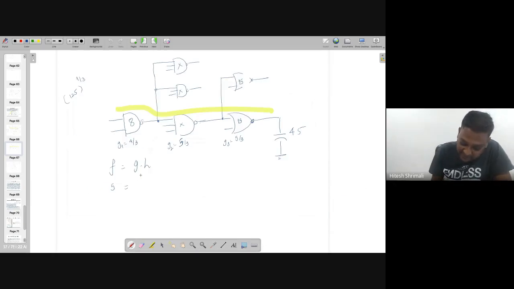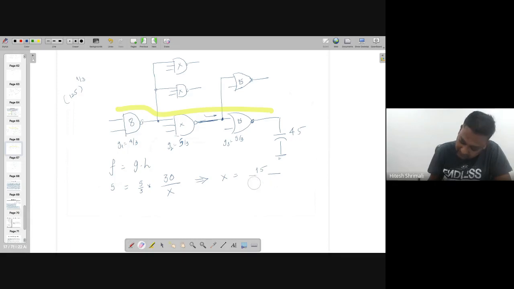So in this case, for x, g2 is equal to 5 by 3, and h is nothing but C out. C out is the total capacitance looking at the output of this particular gate, which is going to be equal to 15 plus 15, 30. Note that this number we found out from the previous calculation. And the input capacitance of this gate is nothing but x. So in this case, you can find out x equal to 15 divided by 5 multiplied by 30, right?